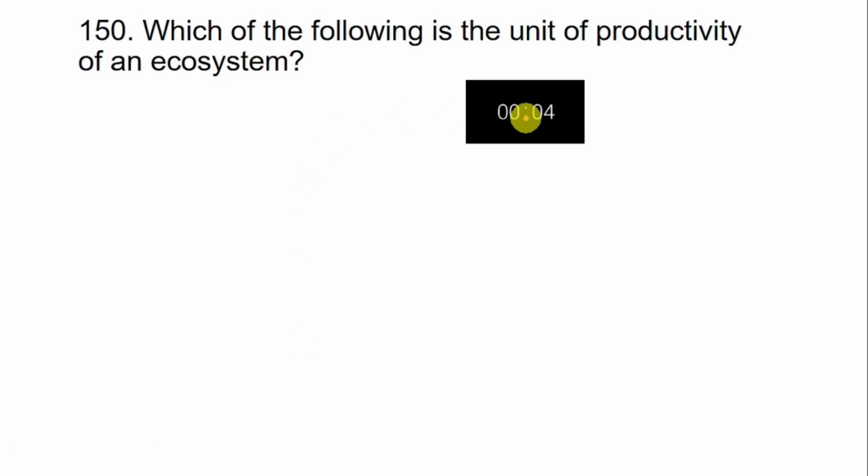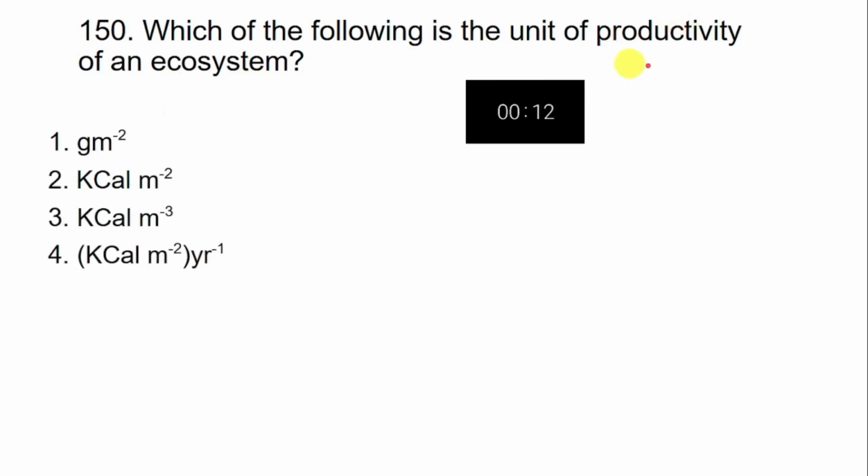Which of the following is the unit of productivity of an ecosystem? So this is also an important topic. Okay, so this is related to GPP. It is measured as kilocalorie per meter square per year, because it is the unit of productivity.